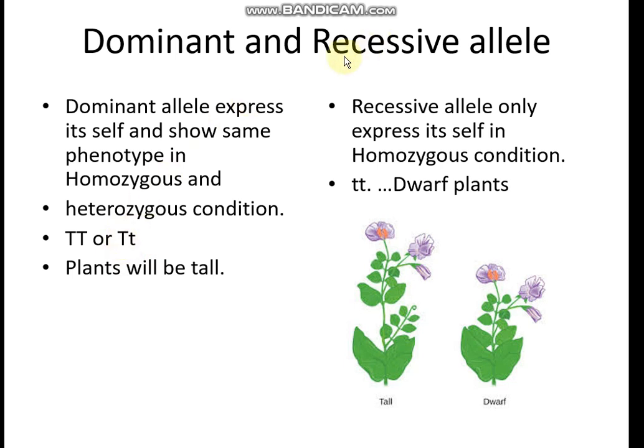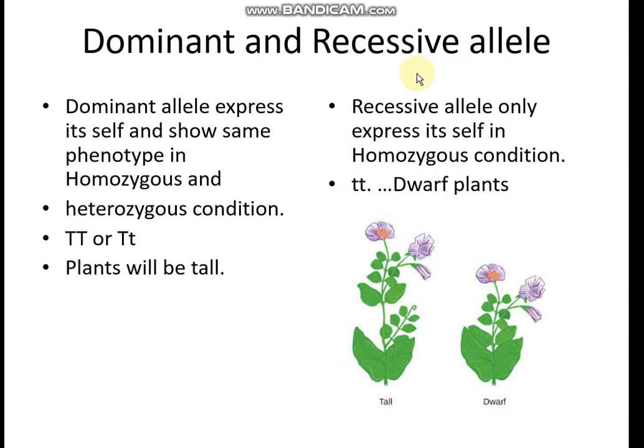And then we have a recessive allele. A recessive allele will only express itself when it is in homozygous condition. That is, we receive the alleles of dwarfness from both the father and the mother, only then will the person or the plant be dwarf. That is why it is said to be recessive.